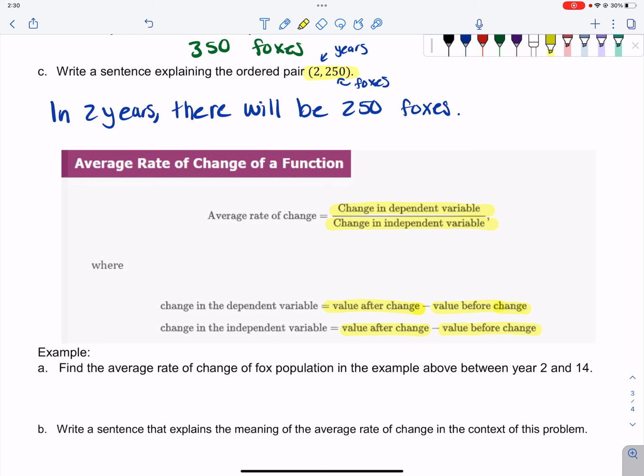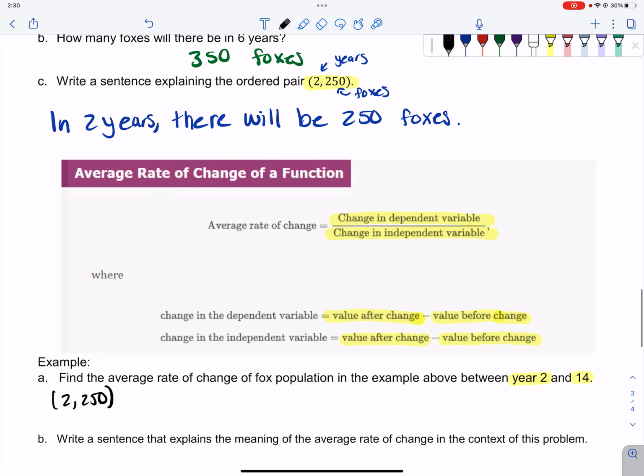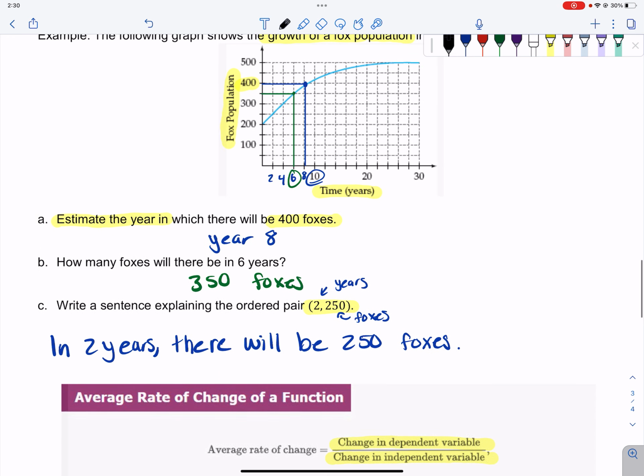Now we want to find our average rate of change in the fox population in our example from above between years 2 and 14. We already have our ordered pair from year 2. That was (2, 250). But now we also need our ordered pair from year 14. So let's go up above and figure out how many foxes there were in year 14.